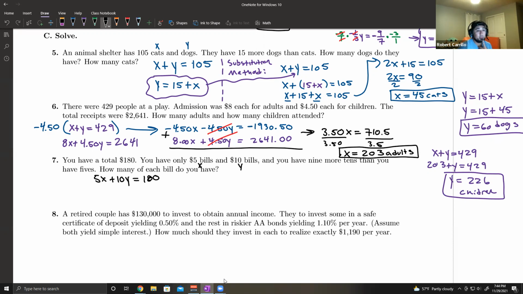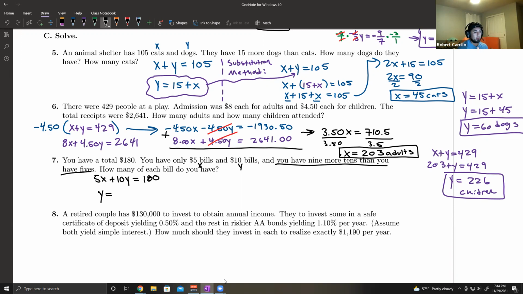Now, the next part says you have 9 more 10s than you have 5s. So that would be y equals... you have 9 more 10s than you have 5s.